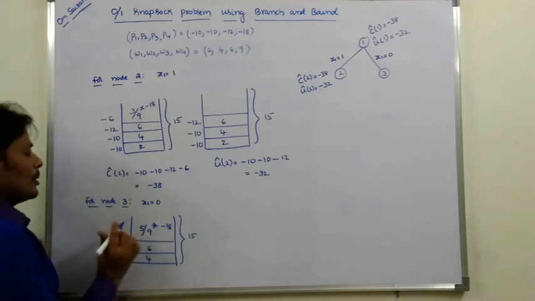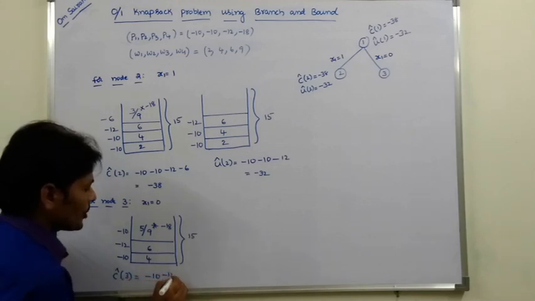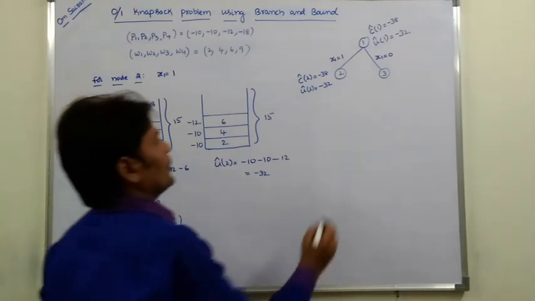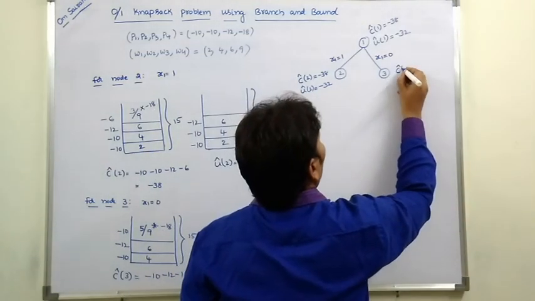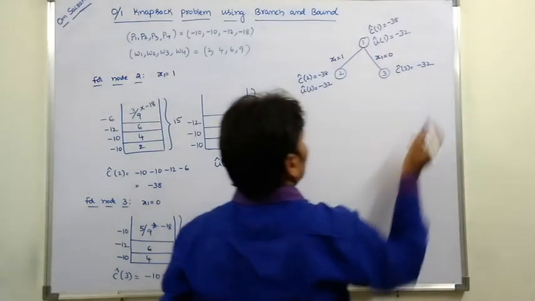Therefore C cap of 3 is equal to minus 10 minus 12 minus 10, so that is minus 32. So C cap of 3 is equal to minus 32.